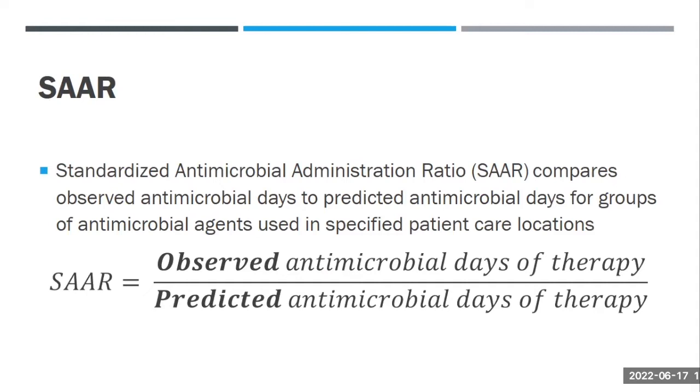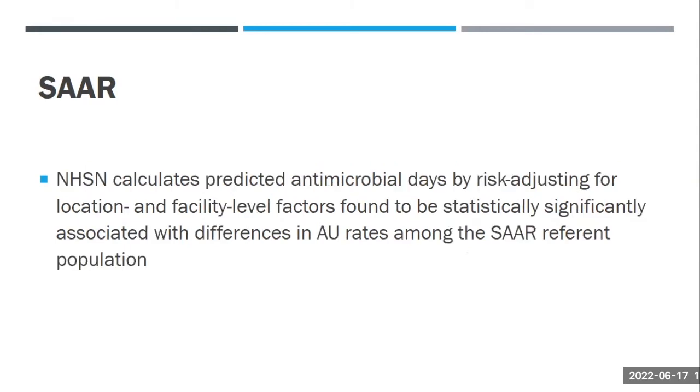And so what this means is the formula is going to be, for your SAAR, it's comparing your observed use over your predicted. And so this is where that benchmarking that we talked about earlier comes into play. So you're able to take your actual use, so what your facility is using, divided by what the NHSN data with all the risk factor adjustment predicts you should be using. And so this is where that calculation would come into play.